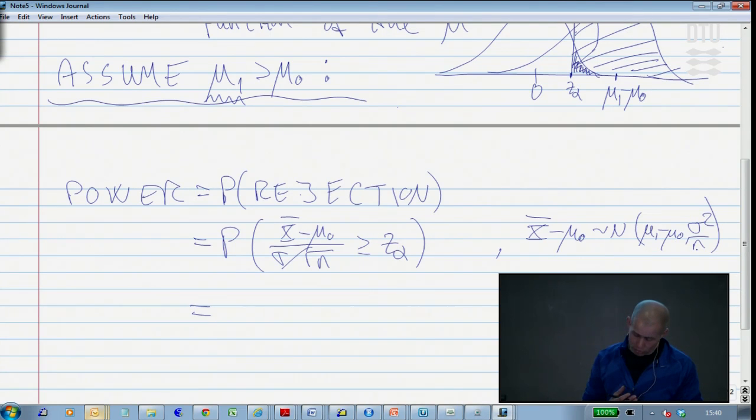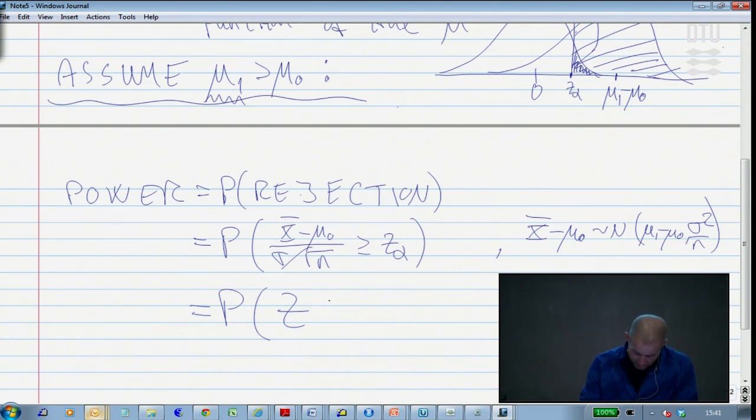So if we use this normal distribution, we will see that this power probability becomes the same thing as, if we use the standardization rule of a usual normal, we should subtract the mean and divide by the standard deviation.